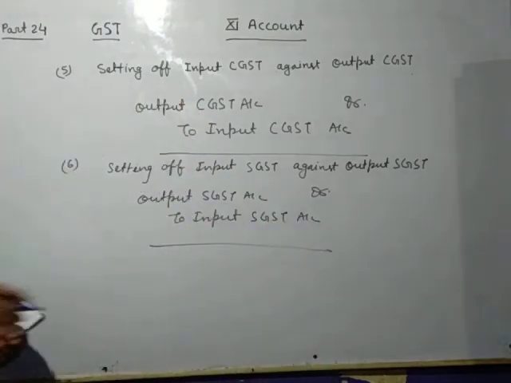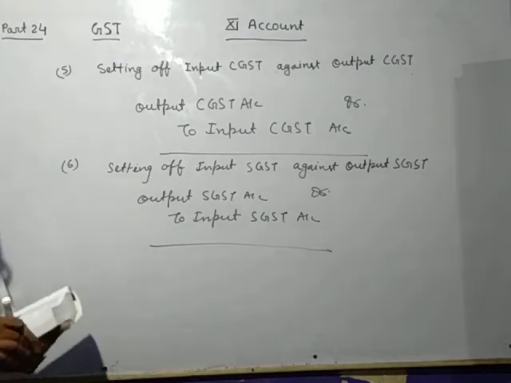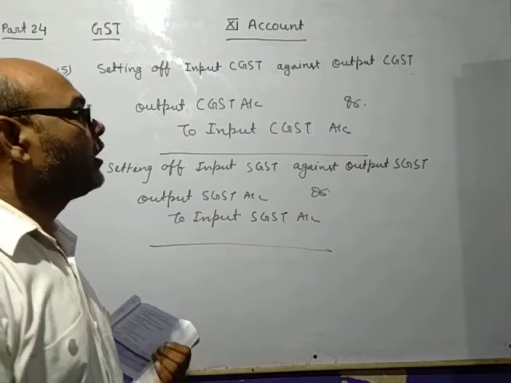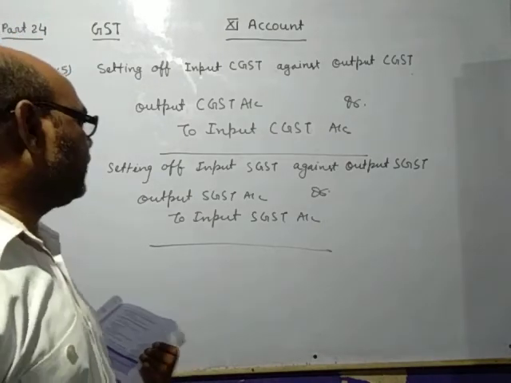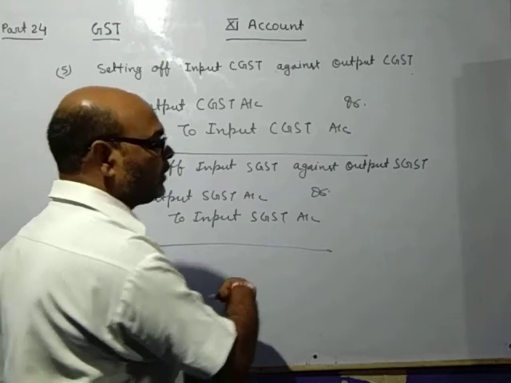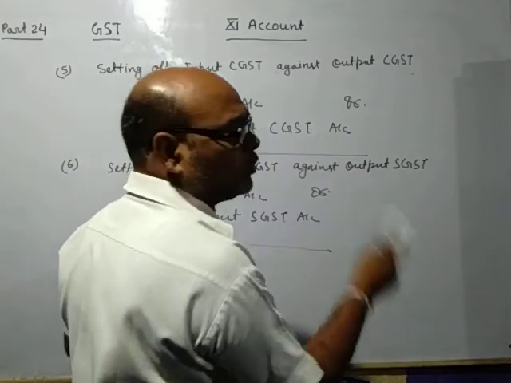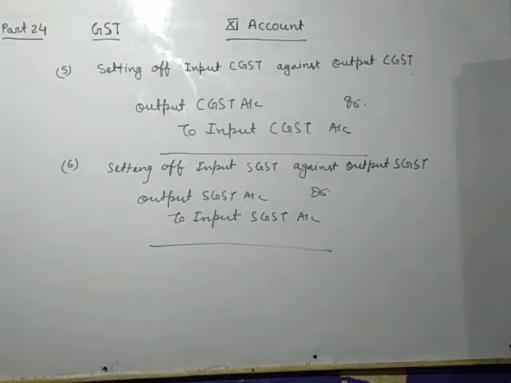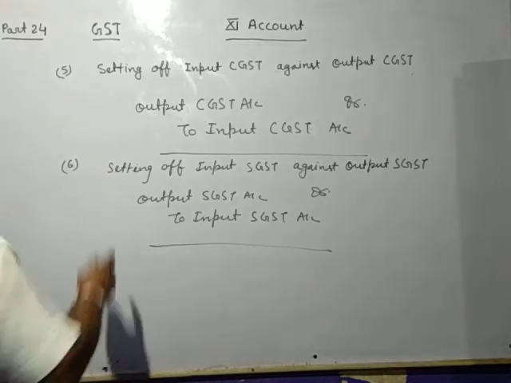So central government input should be adjusted with central government output, and state government input should be adjusted with state government output. After that, whatever is the balance of GST should be paid to the different governments.